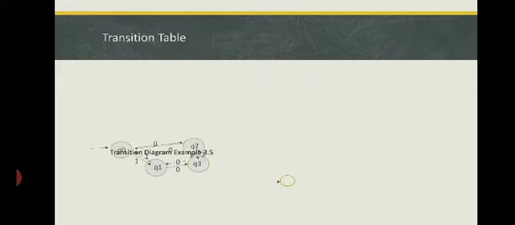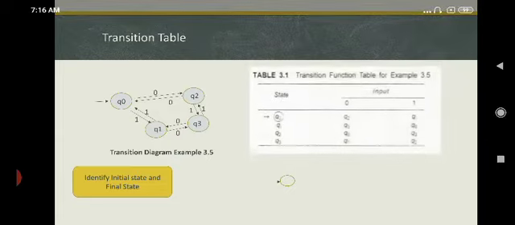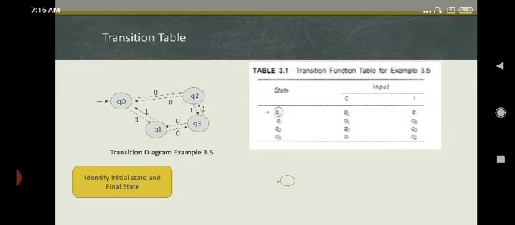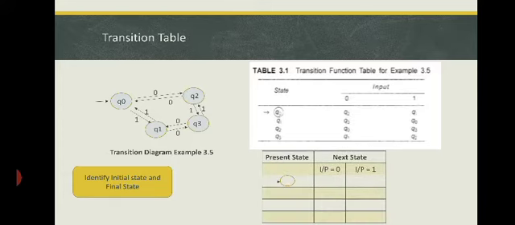Now see how to convert a transition diagram into a transition table. For that, consider this transition diagram. First step is to identify the initial and final state. So in this diagram, the initial and final state is q0 only. To convert the given transition diagram into a transition table, we start with a table with two different columns.